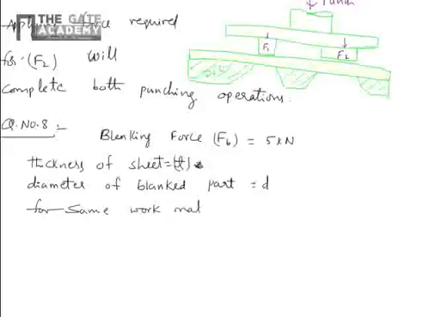For the same work material, meaning the same mechanical properties and same shear stress, the diameter of the blanked part is increased to 1.5 D and the thickness is reduced to 0.4 T. What is the new blanking force?